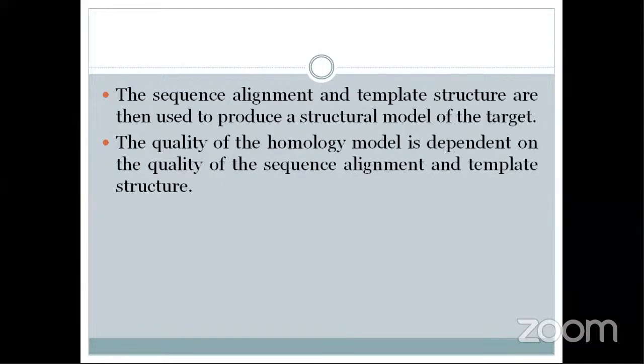The sequence alignment and the template structure are used to produce the structural model of the target. The quality of the homology model is dependent on the quality of the sequence alignment and the template structure. So everything depends on the target template alignment. And you don't need to worry about that, because there are softwares which are designed to do this particular job.